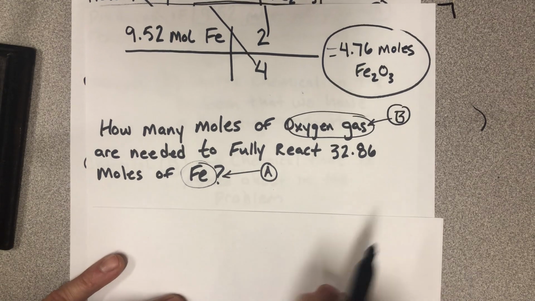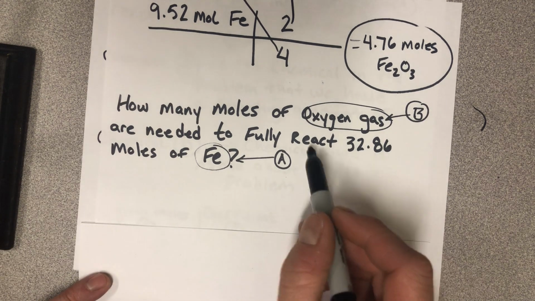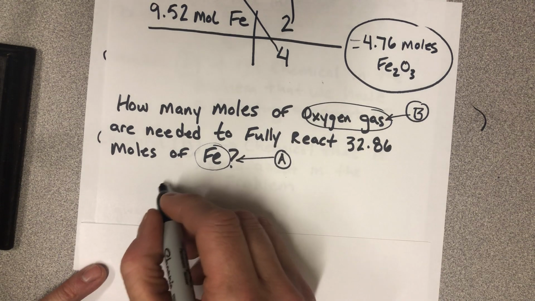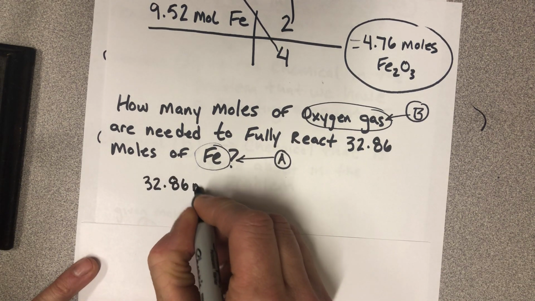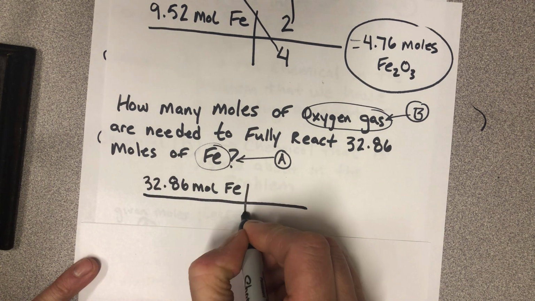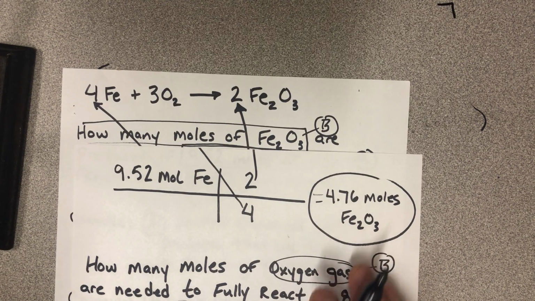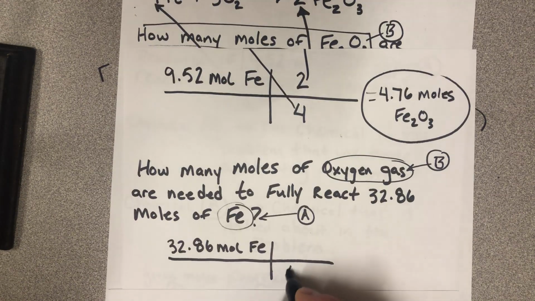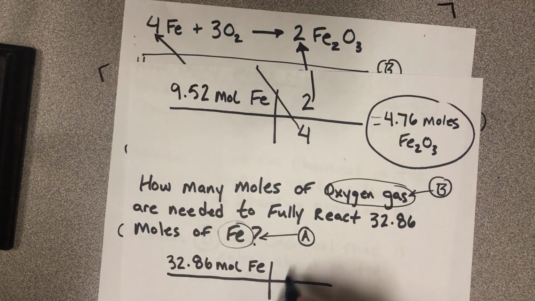Okay, so we're just going to set it up the same way we did the last one, where we take our given number of moles of A. So this is 32.86 moles of iron. And then we're going to put in our mole ratio, which again comes right from our balanced chemical equation. So we have defined iron as A, so that's a 4, and we've defined oxygen this time as B, so that's a 3.